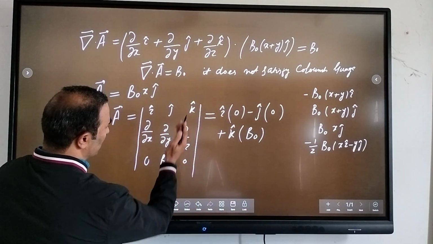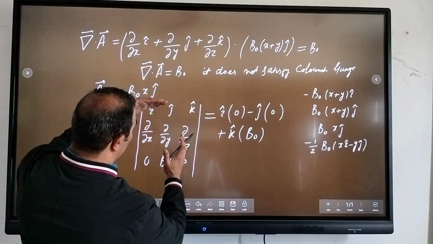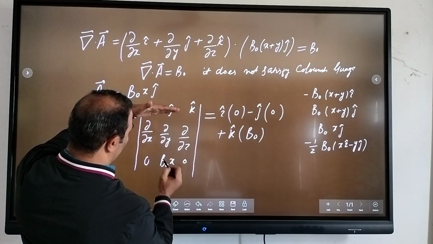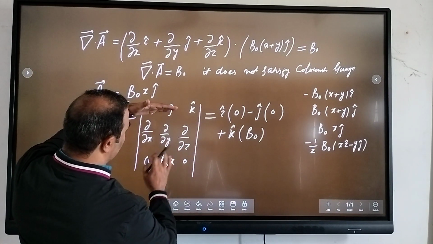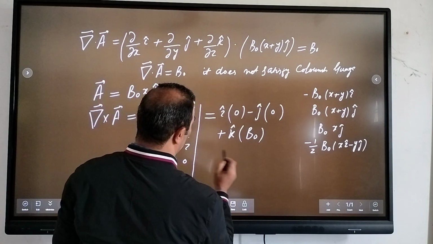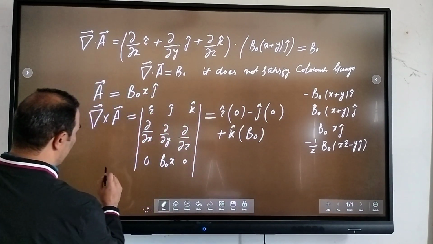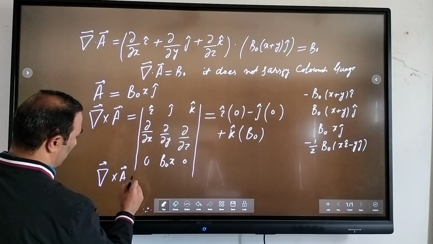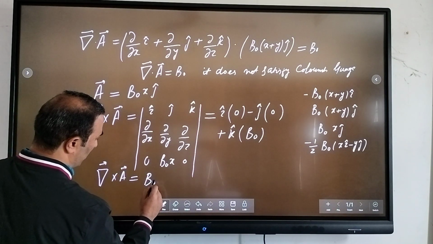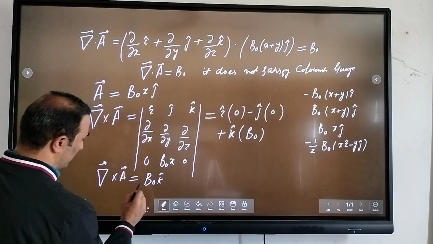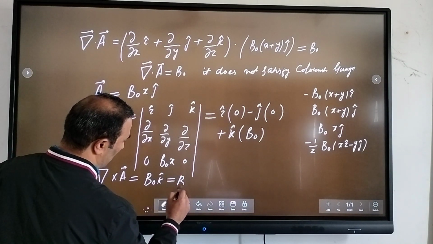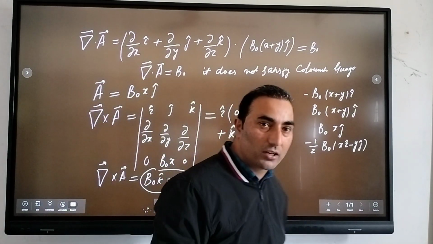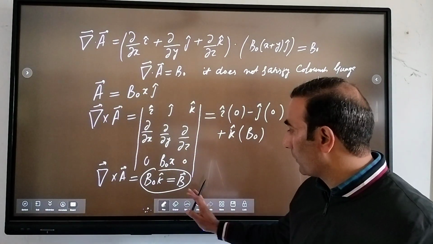Because when you block this one, so it is partial by partial x of b0 of x, so this will be b0, and this term will be 0. So that's why I wrote here b0. So that means our magnetic field will be nabla cross A vector equal to b naught K. So this is nothing but B. So this is correct. तो जो हमारा मैग्नेटिक फील्ड करेक्ट आ रहा है इन जो हमारा थर्ड पार्ट है, थर्ड चॉइस है, तो इसमें हमारा मैग्नेटिक फील्ड ठीक आ रहा है.